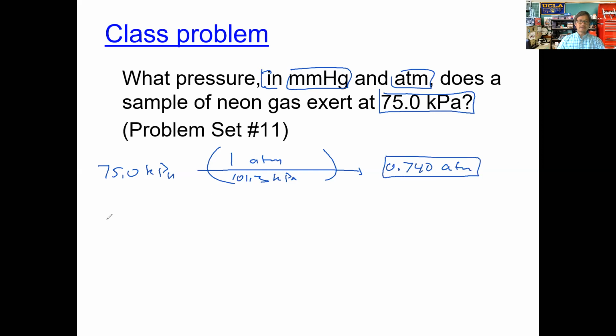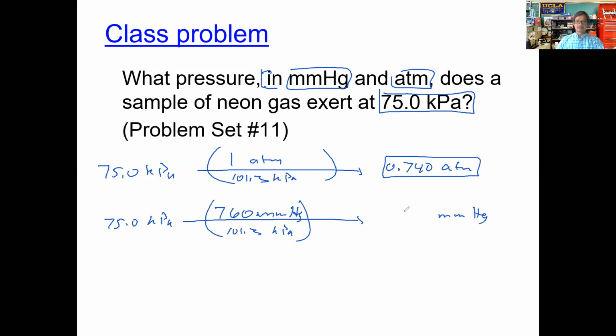The second conversion is 75 kilopascals into millimeters of mercury, using 760 millimeters of mercury over 101.3 kilopascals as our conversion factor. You plug that in, and you get 563 millimeters of mercury. So let's practice that a little bit more.